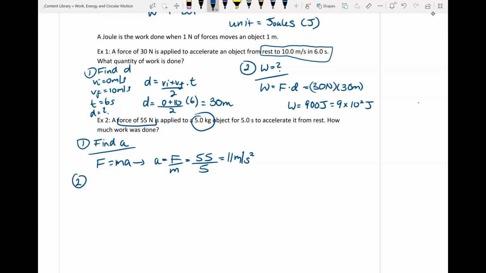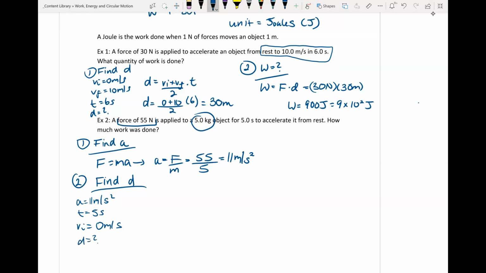The next thing I'm going to do then is try to find d, because we need that to find work. We now know that the acceleration is 11 meters per second squared, and we are given time as 5 seconds. We're given v initial, which is rest, and that's 0 meters per second. And I'm looking for d.